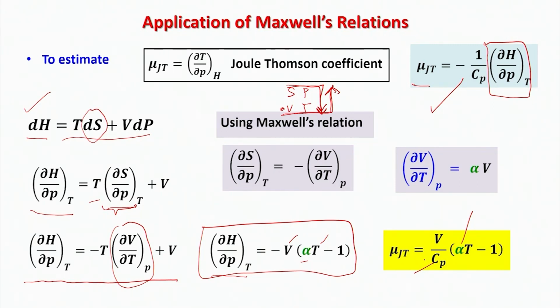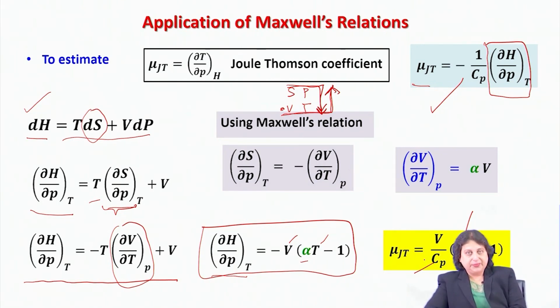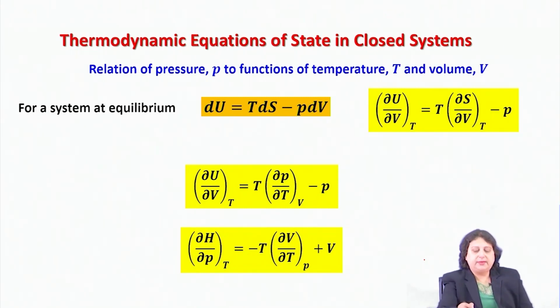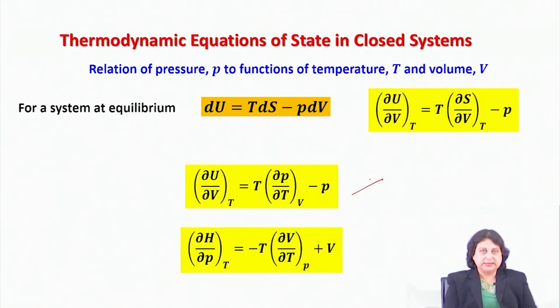So this is exactly how Maxwell's relations have been used in practical applications. So to conclude, what I would like to highlight over here is as follows. For a system at equilibrium, we can always say that dU equals TdS minus PdV, and then take a derivative, and then you typically arrive at a relationship like this.